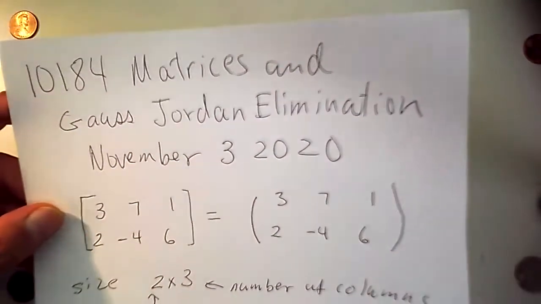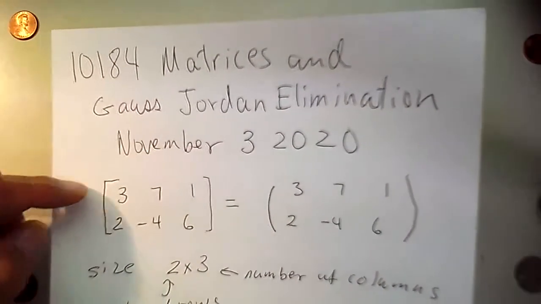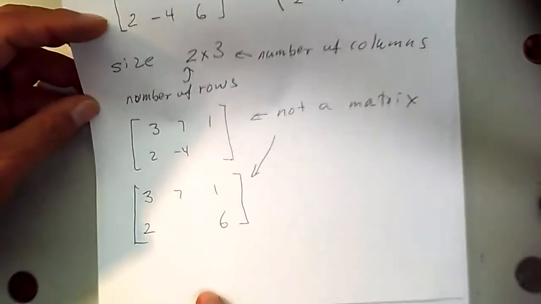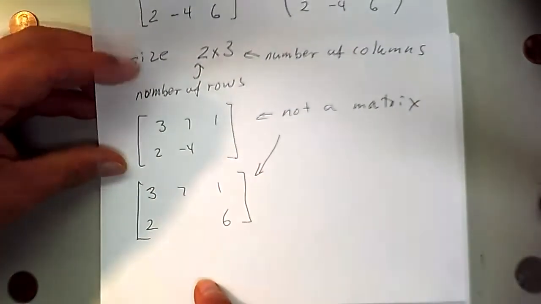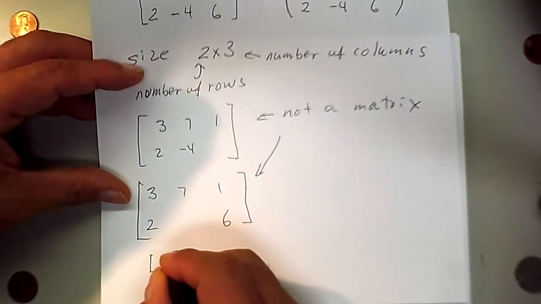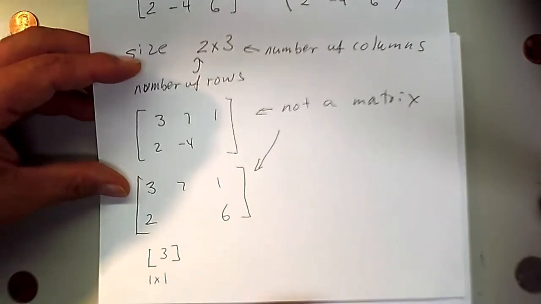Right now, I just wanted to introduce the concept of a matrix. And again, we can have a very, very large matrix, or we can have a very small matrix. I suppose the smallest one we could have is a 1-by-1 matrix, just with a number 3, for instance. So this is a 1-by-1 matrix.